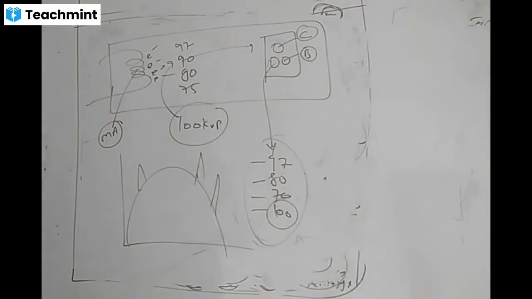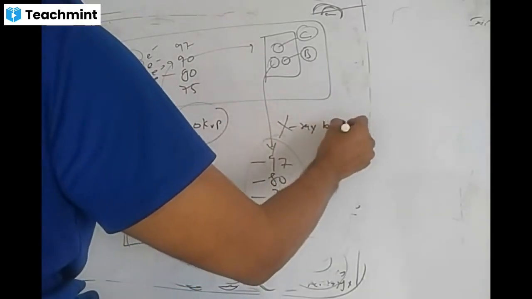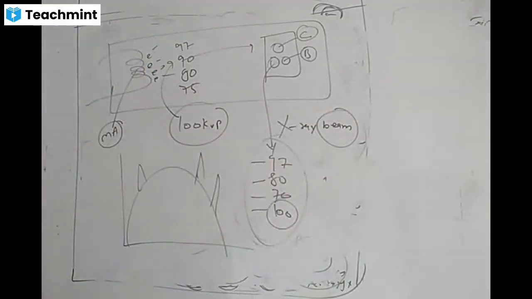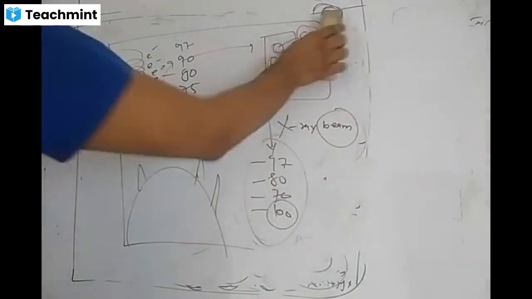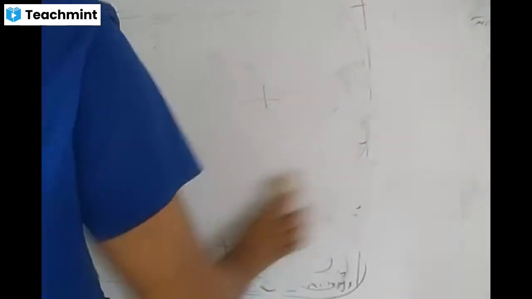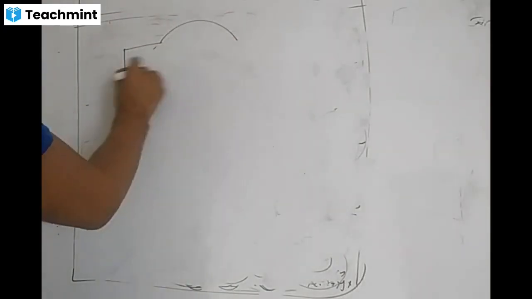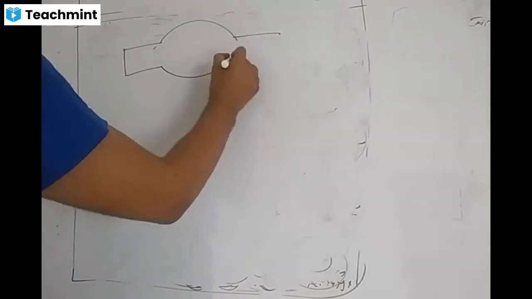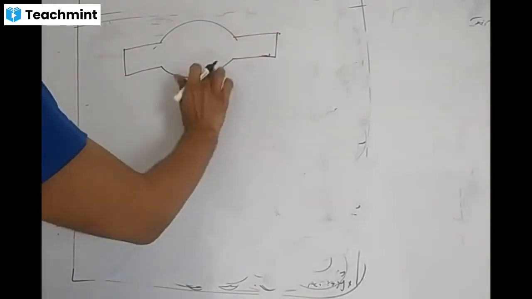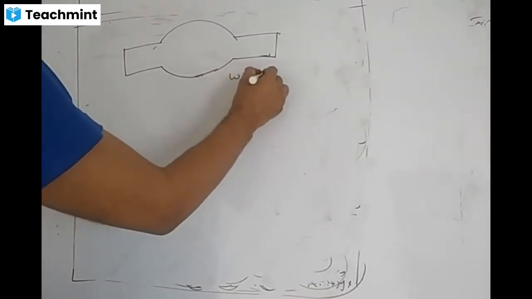So what have we produced? We have produced an X-ray beam. Why are we calling it a beam? Ending with this topic, this is our X-ray tube, and this is the small thin window.